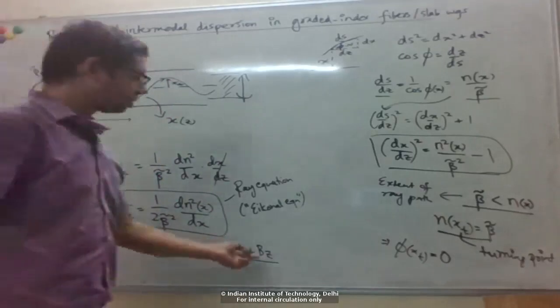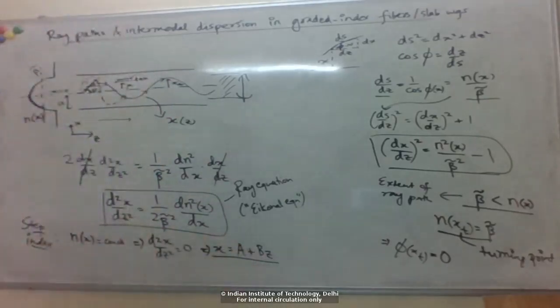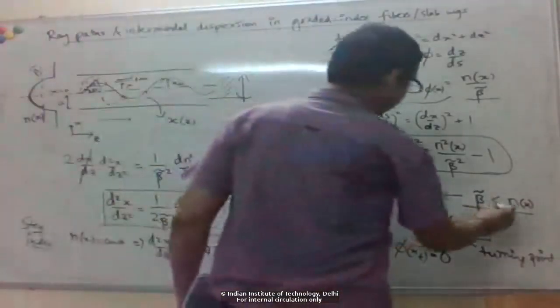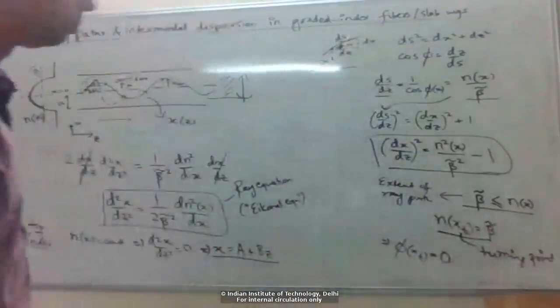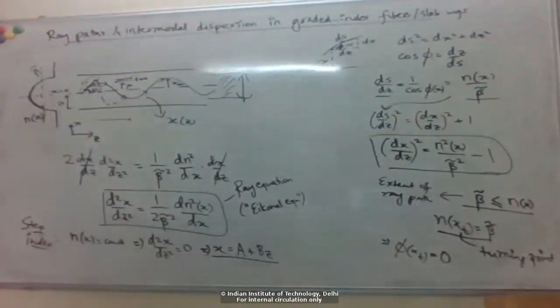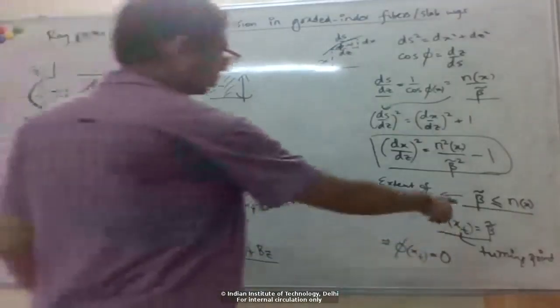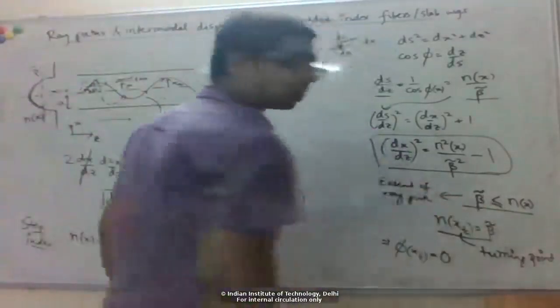Sir, the inequality for the extent of the ray path: I can have beta tilde equal to n of x. That corresponds to phi equal to 0, and that's the turning point, when the ray is along the fiber axis. So to be more precise, I should put them equal to that. You're right.